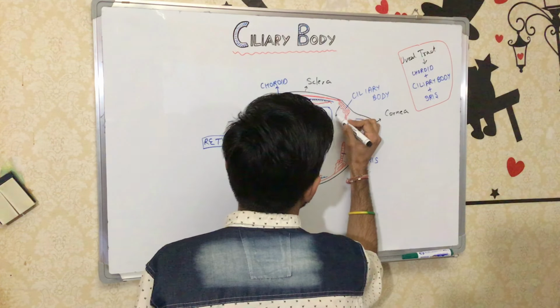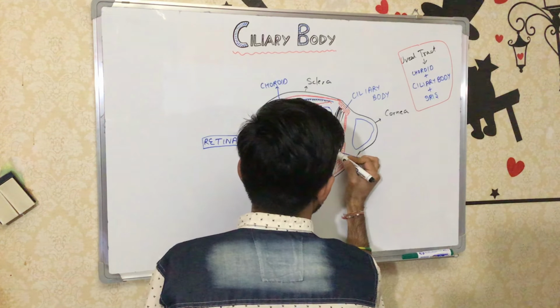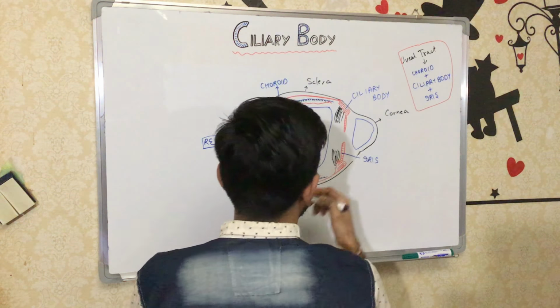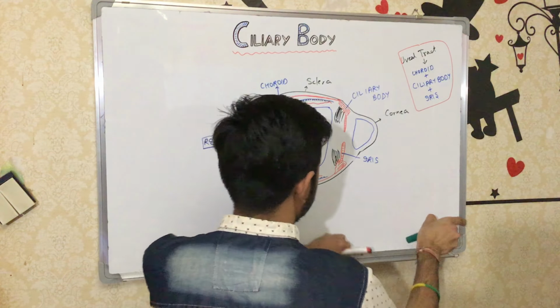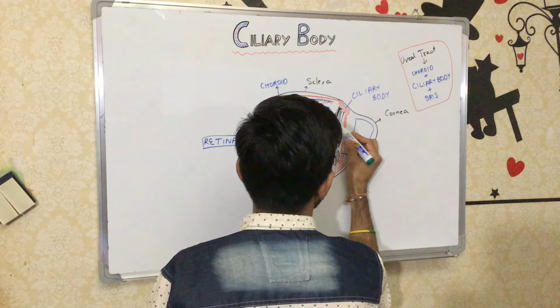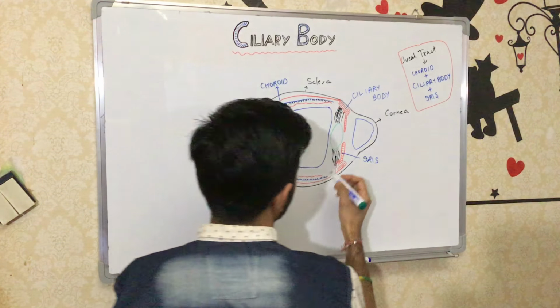And here we have the zonules, the suspensory ligaments, connecting with the ciliary body, and in between them we have the lens. This is our lens.